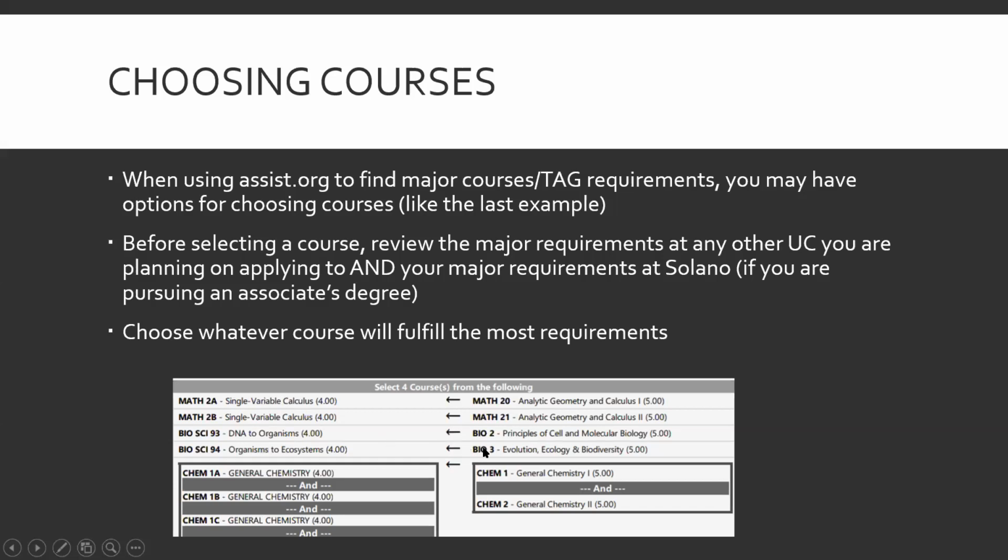And so you would want to choose Biology 2 to make sure that you're filling the requirements for both majors. Just something to note, because you may be trying to qualify for multiple majors at multiple UCs. So you still want to pay attention to those requirements, even if the TAG agreement gives you multiple options.